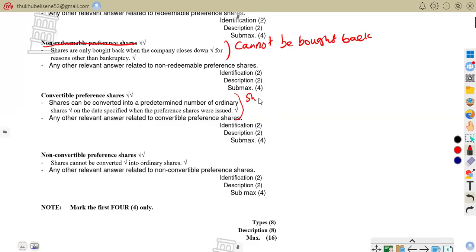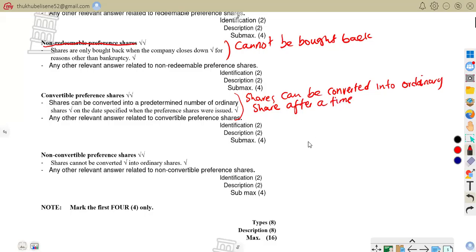They can be converted into ordinary shares after a time.